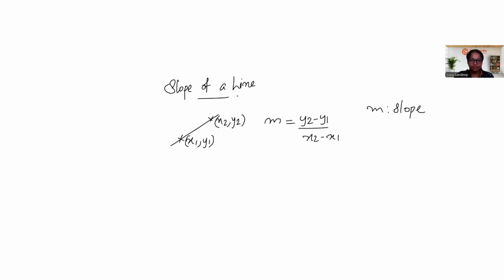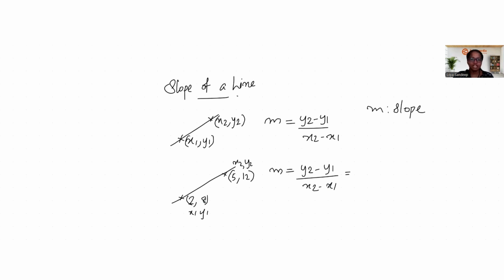For example, suppose you have a line like this with coordinates 2, 8 and 5, 12. Then we can find the slope using this formula. M is equal to y2 minus y1 over x2 minus x1. We can take the first point as x1, y1 and the second point as x2, y2.